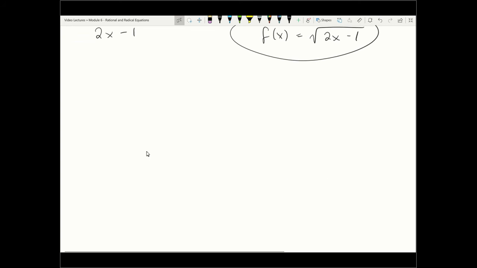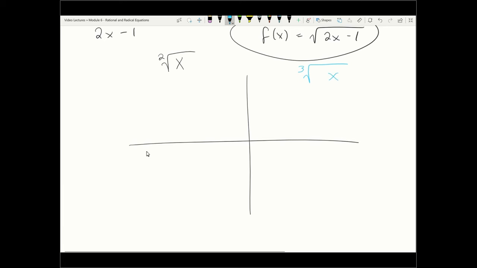So if we want to summarize, and I'm going to write that explicitly: if we have a square root, or really any even root, which is why I wrote it, then it'll either look like this, or like this.